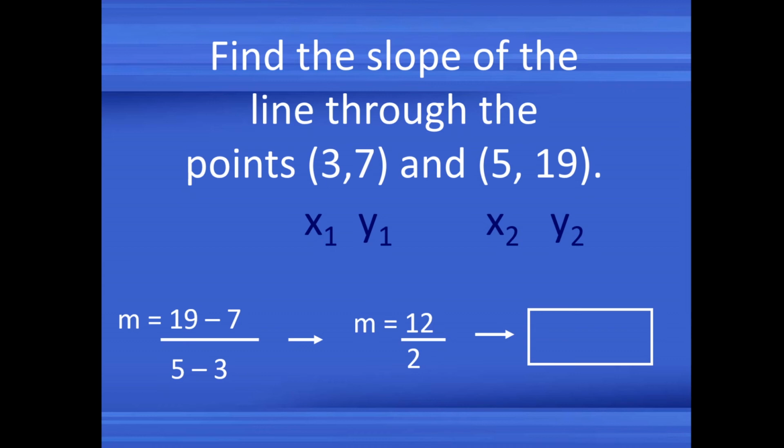And then we can simplify that even more, which is 12 divided by 2. The answer is going to be 6, right? So the slope for this specific ordered pair, (3, 7) and (5, 19), is m equals 6, or the slope for it is 6.